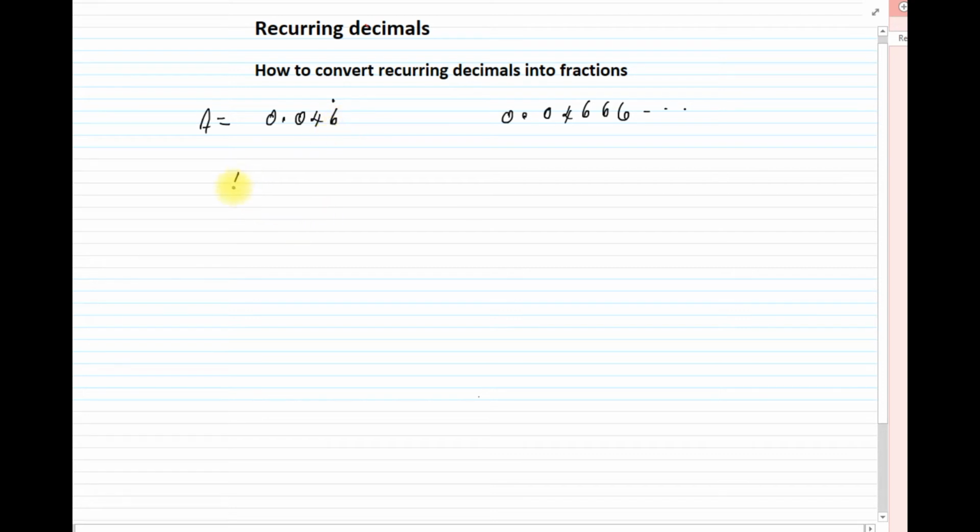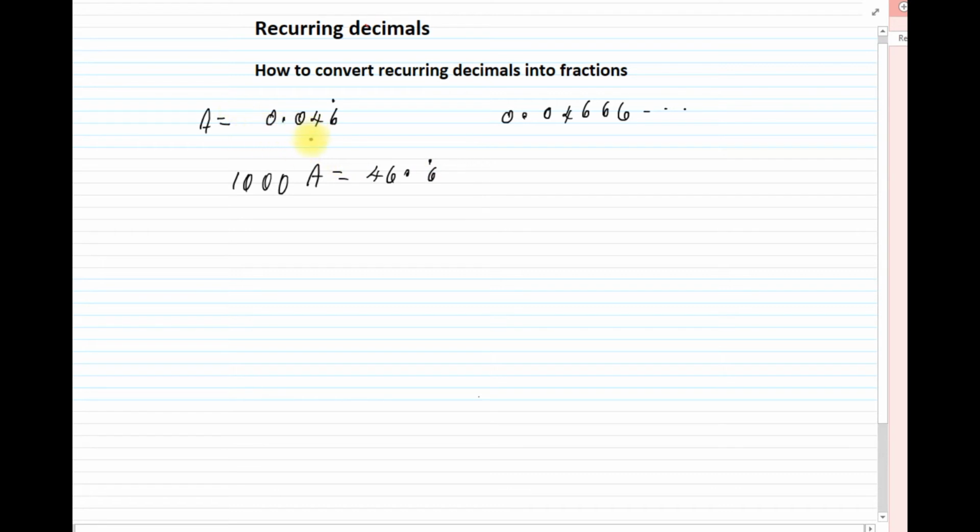So that makes 1000A is equal to 46.6 dot. Because if I multiply this number here, 0.04666 whatever, by 1000, the decimal point moves 3 places. So I get 46.666, which becomes 46.6 dot.